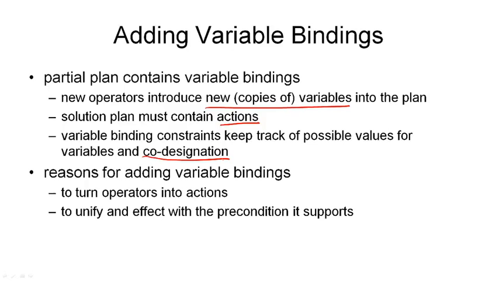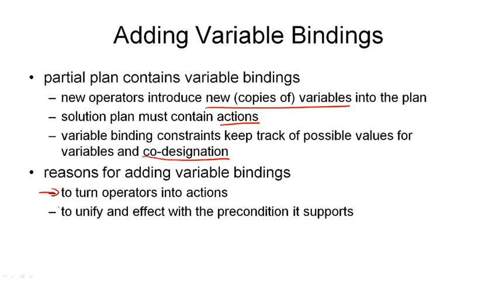Again, when we add variable bindings as a plan refinement operation to our partial plan, we want to stick to the least commitment principle. So we only want to add variable binding constraints when we have a good reason for doing so. And the most important reason for adding variable constraints is, of course, that we need to turn all the operator instances, the partial actions in our plan, into fully ground actions.